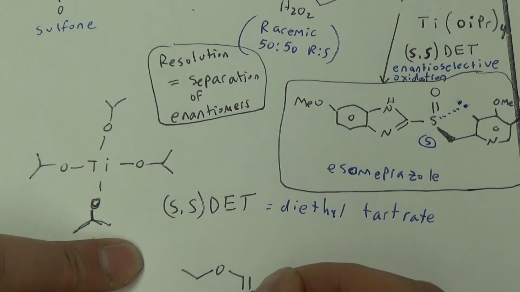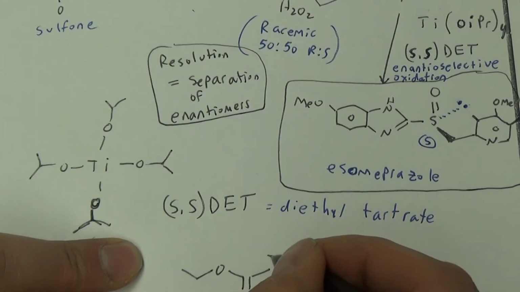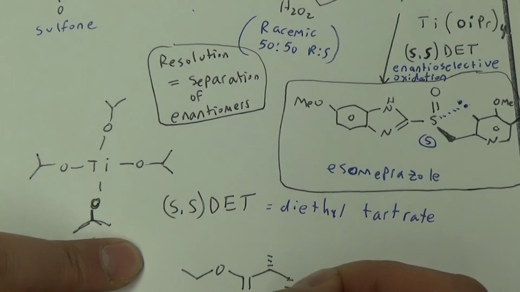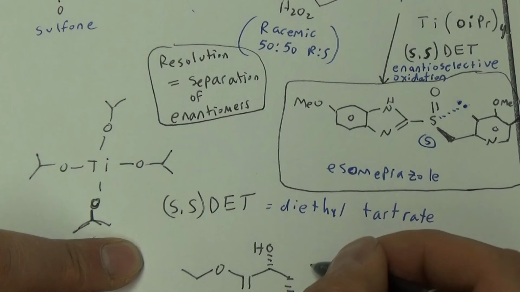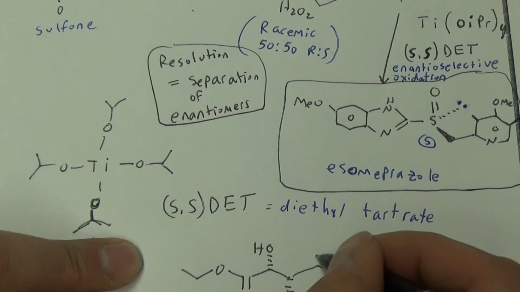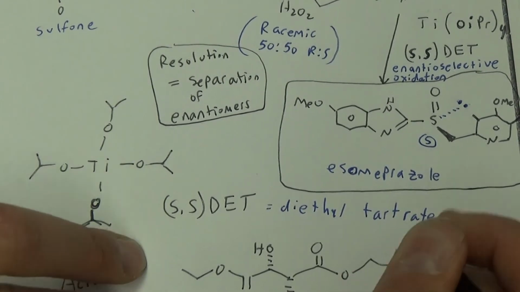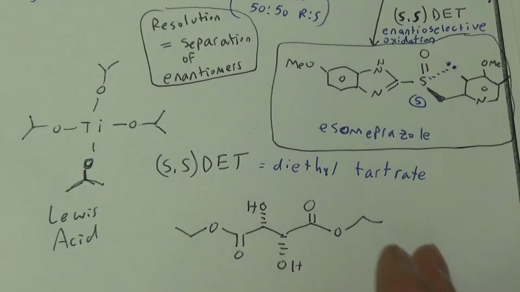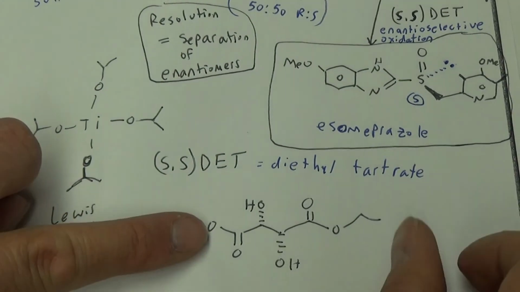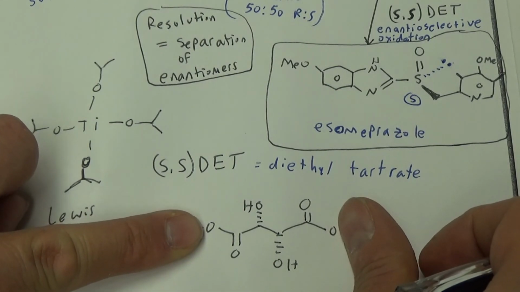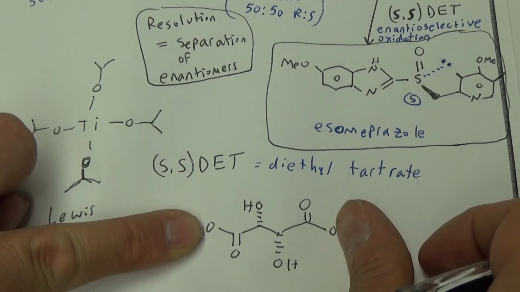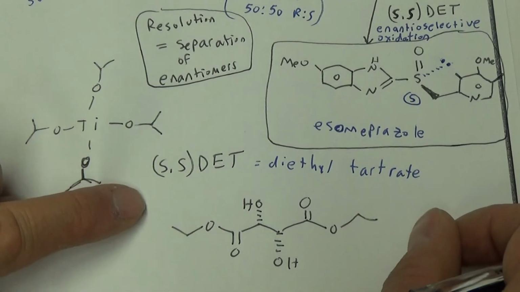So, pretty simple molecule. That's what that is. Tartaric acid is simply this, the dicarboxylic acid, so OH, OH. So this is the diethyl ester of it.